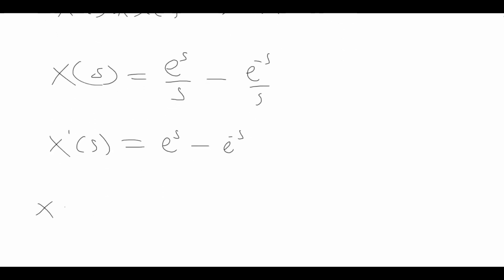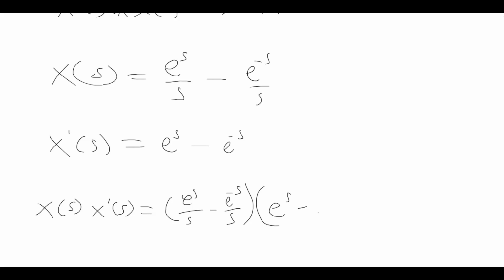So the product of x of s multiplied with x prime of s is going to be equal to e to the s over s minus e to the minus s over s, multiplied by e to the s minus e to the minus s.